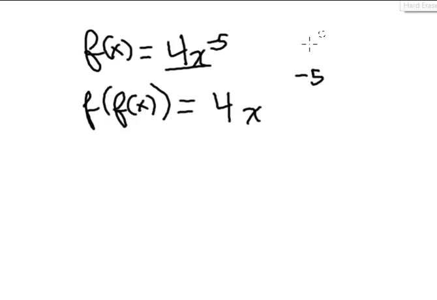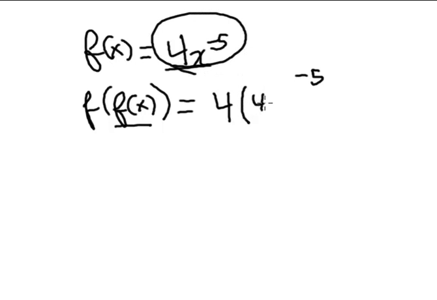I'm going to erase my x and replace it with the whole f of x, which is 4x to the negative 5th, in parentheses.